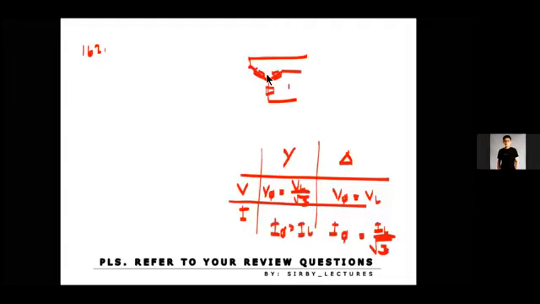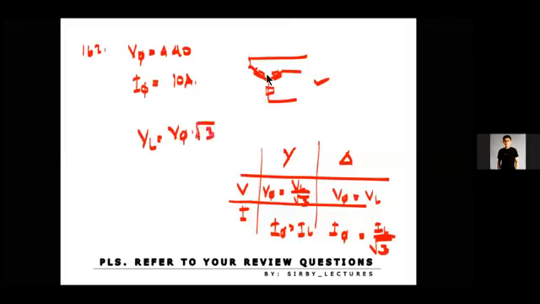Okay, so the given is V phase is equal to 440 volts, and our phase current I phase is equal to 10 amperes. Since this is a Y connection, our line voltage is equal to V phase times square root of 3.